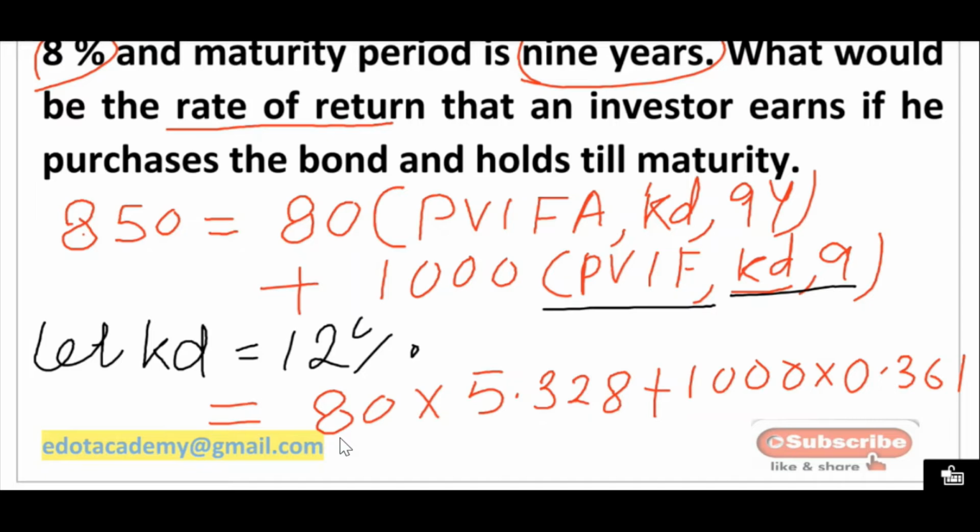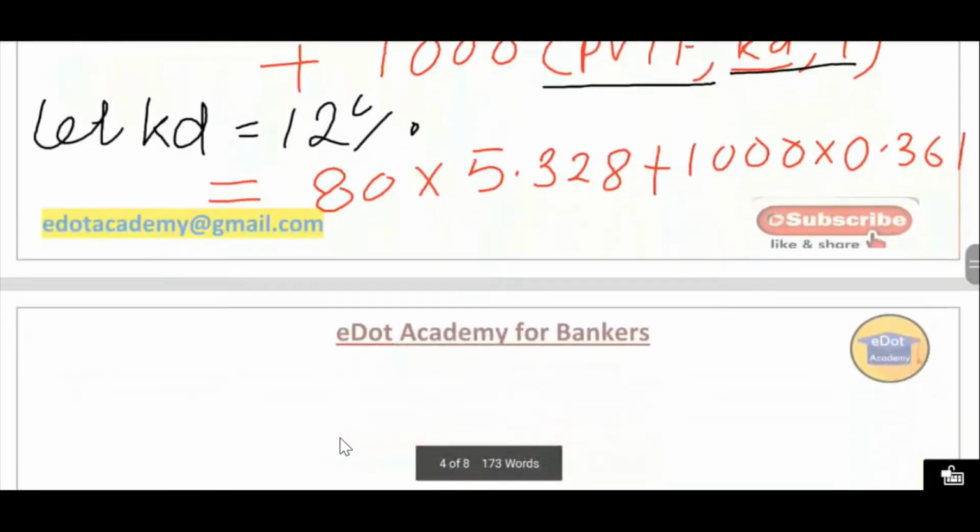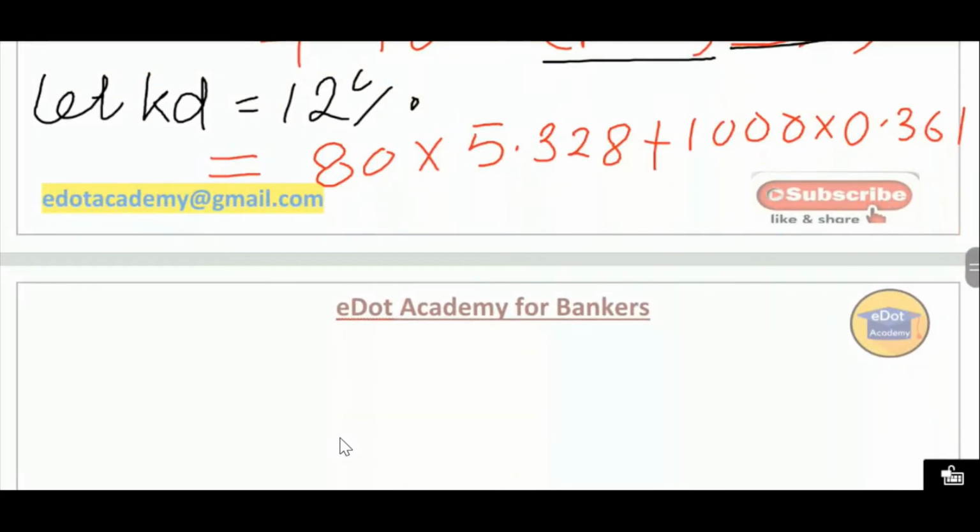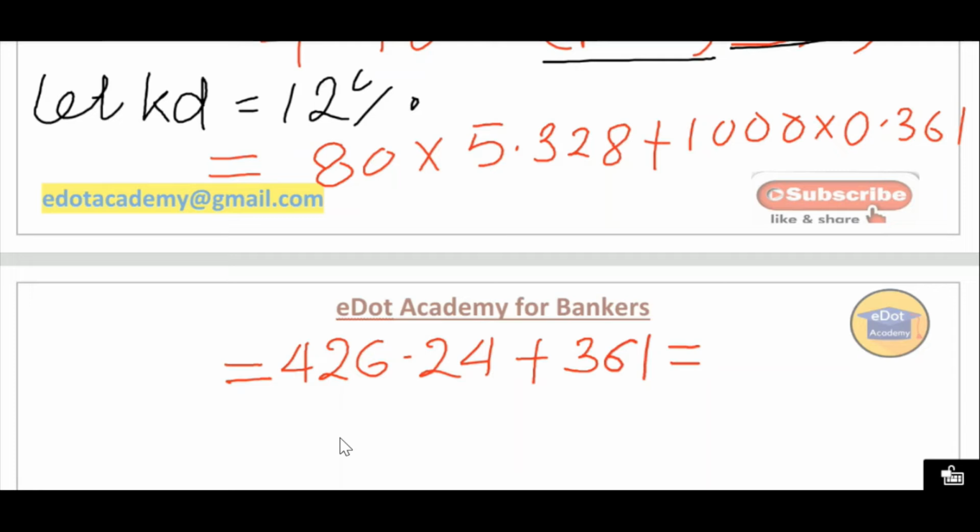Okay. Now if you multiply, you will get 80 into 5.328. How much are we getting here? We get 426.24 plus 361, so we get 361 directly from the 1000. The total value we are getting is 787.24.